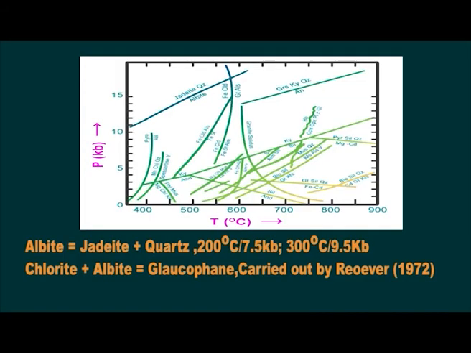Upper pressure limit may be given by the reaction albite give rise to jadeite plus quartz, 200 degree centigrade 7.5 kilobar, 300 degree centigrade 9.5 kilobar. Chlorite plus albite give rise to glaucophane. This reaction was carried out by Ernst in 1972.